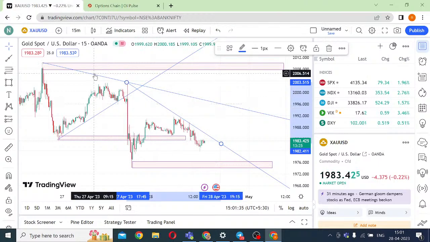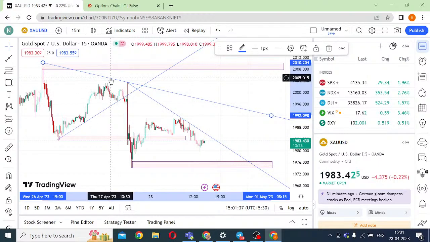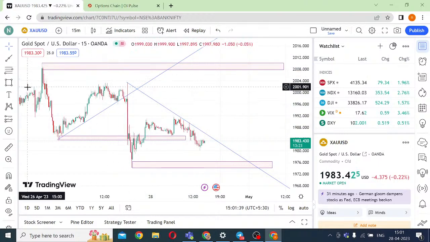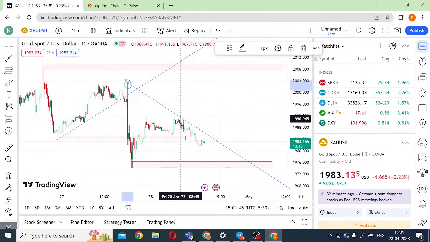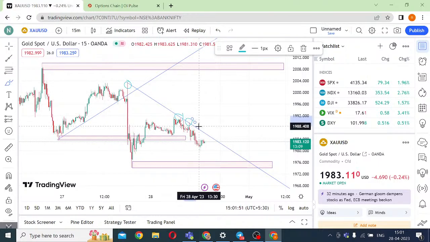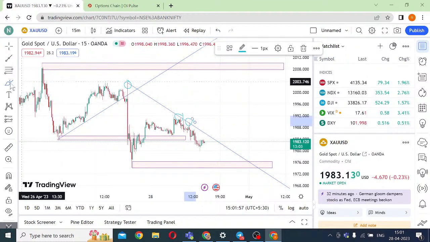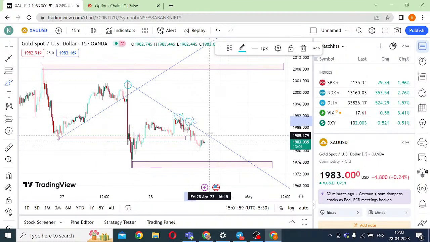I can only create a trend line from two points; a third time it can come and touch, but this particular trend line looks good because when there was the event and there was news, today was Bank of Japan's also, this trend line has actually held firm. So there is a trend line liquidity being created here.